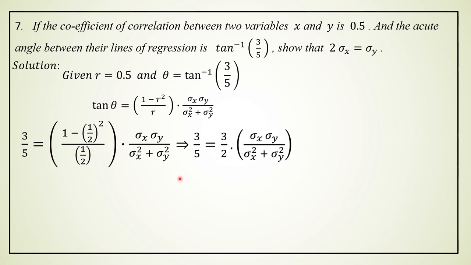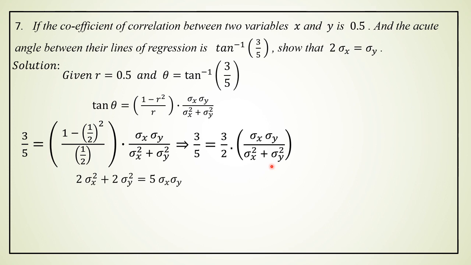Just simplify it over here. On simplification, the equation reduces to the form 3 by 5 is equal to 3 by 2 into sigma x sigma y divided by sigma x square plus sigma y square.